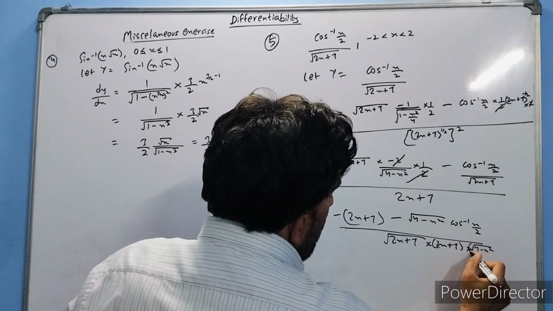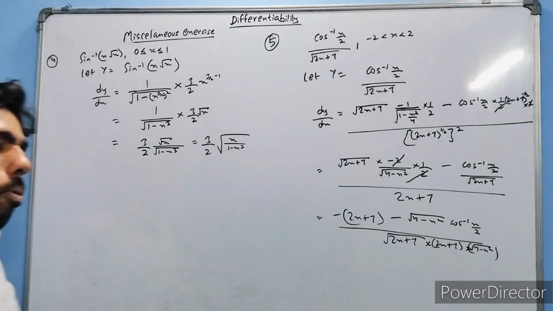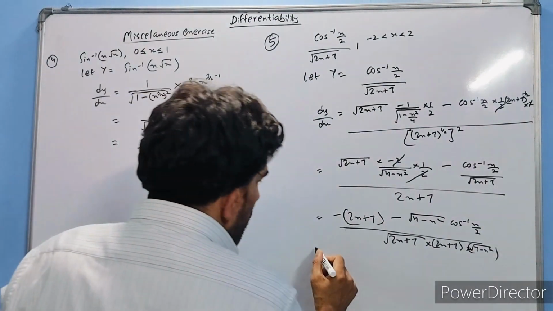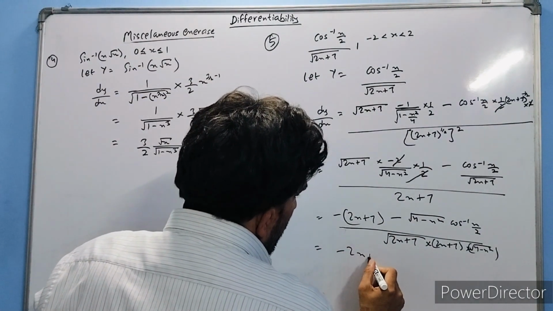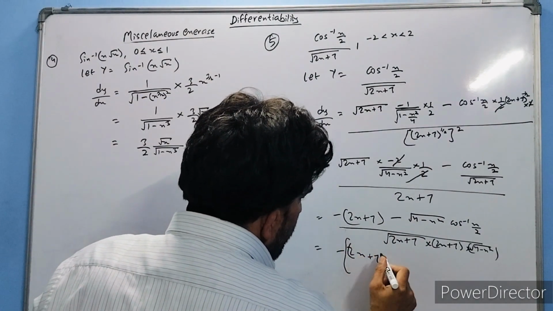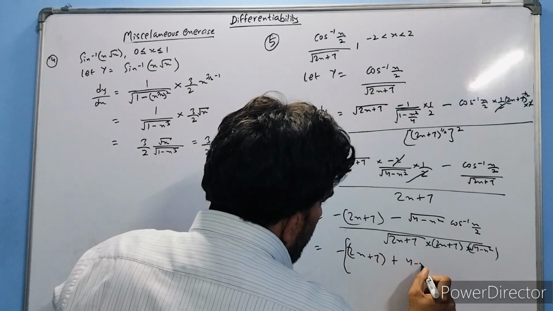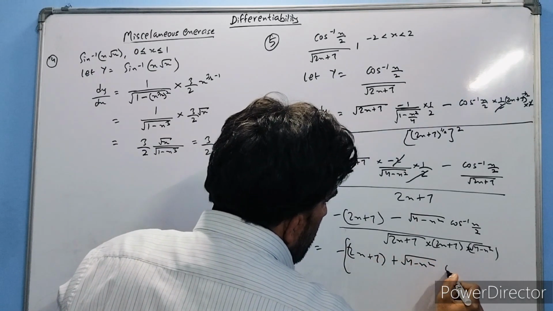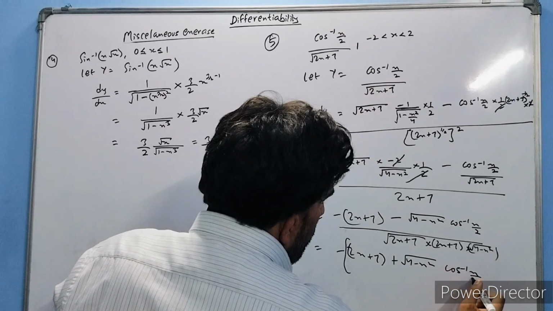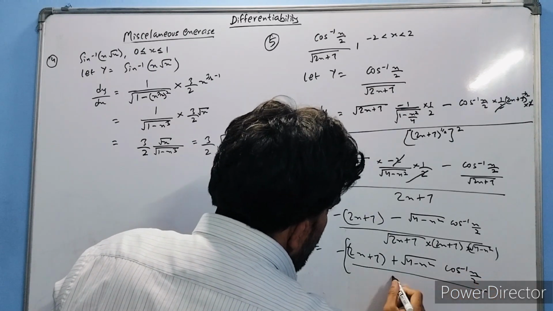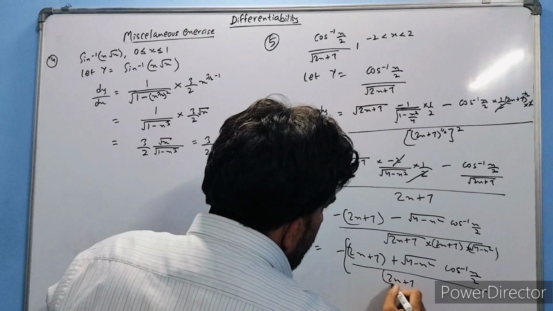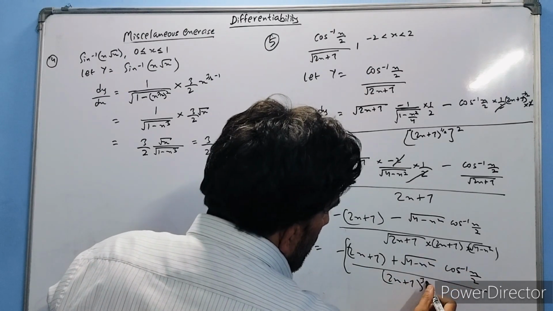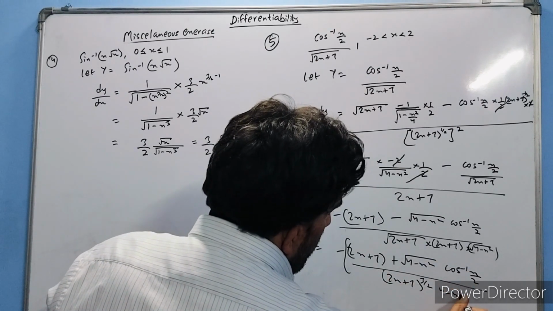Now we'll take the minus sign common, so we have upon 2x plus 7 to the power 3 by 2 and 4 minus x square.